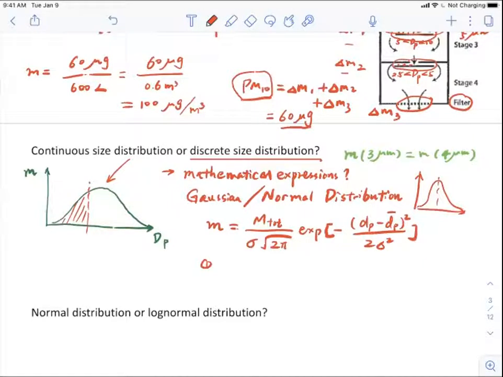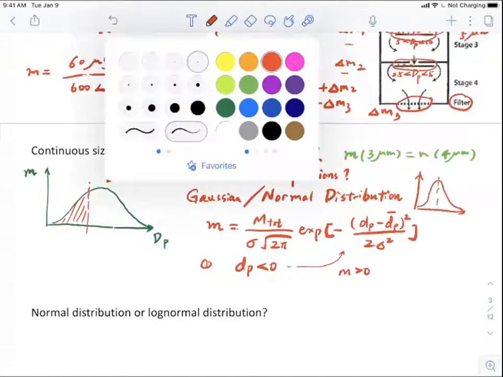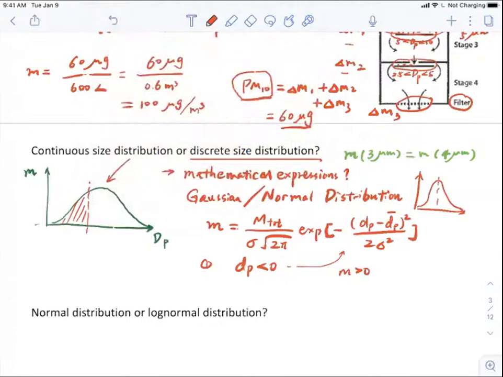What I mean is that if a particle has a size below 0, a negative size, and you plug this value in, you find that the mass concentration is still positive. This is not nice at all. For example, if we integrate the concentration of the particles, we have to exclude the particles below 0. But the Gaussian distribution still gives you a positive concentration, which doesn't make sense at all.